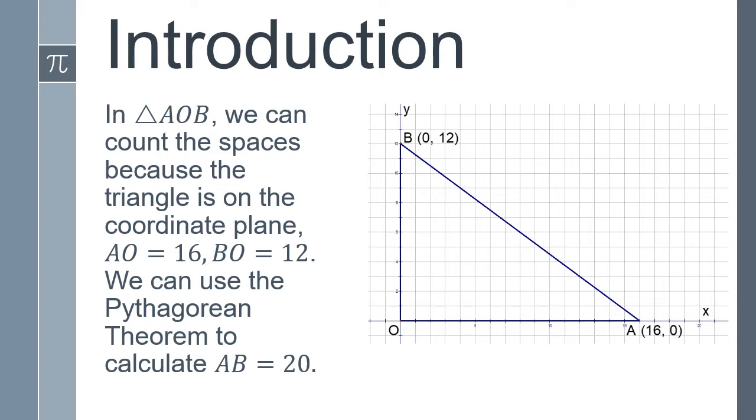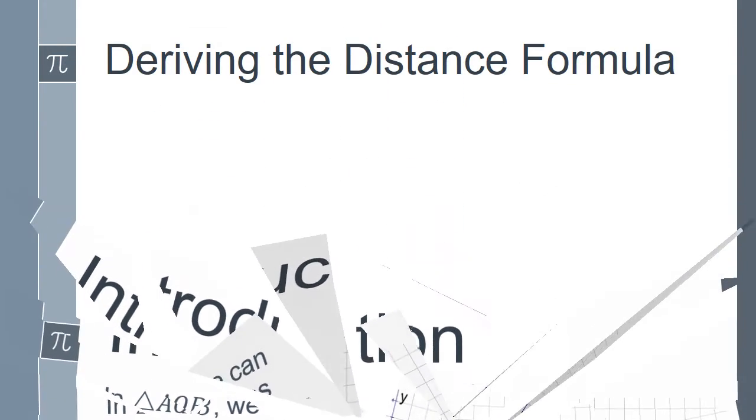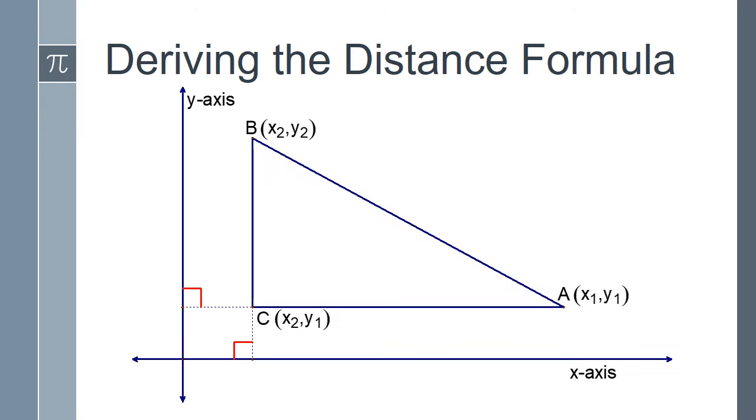To do this in reverse, or without all this work, here's an example where this wouldn't work as well because we are not on the origin, right? So the length of AC in this problem would be, let's say, x sub 2 minus x sub 1. And the same with BC, the length would be y sub 2 minus y sub 1. If we take this and take the square root of it, we can find out the length of AB.